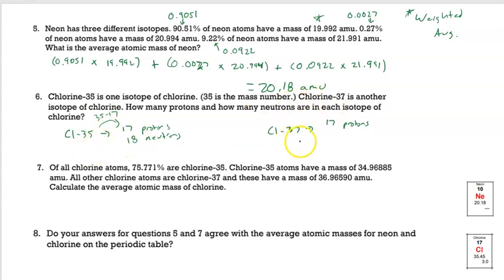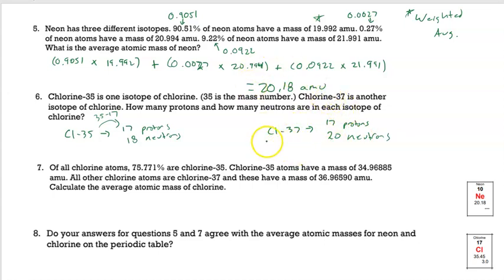Now, chlorine 37 has a larger mass, and that's not because it has more protons, but that is because it has 20 neutrons. All right, 17 plus 20 makes that number 37.